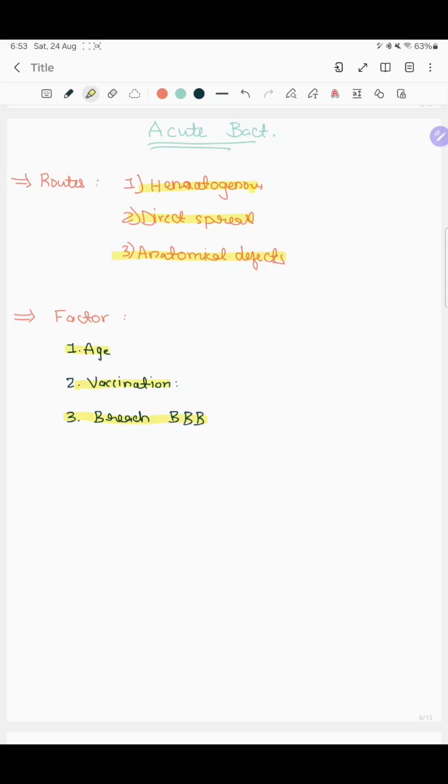Now what are the clinical manifestations included in meningitis?